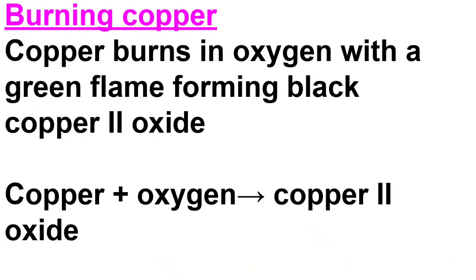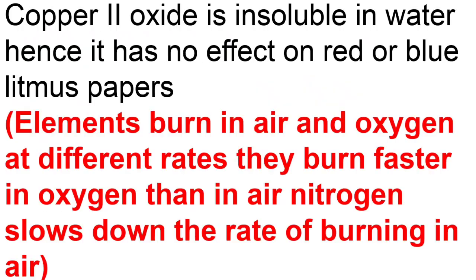Burning of copper. Copper burns in oxygen with a green flame, forming black copper 2 oxide. Copper plus oxygen gives us copper 2 oxide. Copper 2 oxide is insoluble in water, hence it has no effect on red or blue litmus papers.